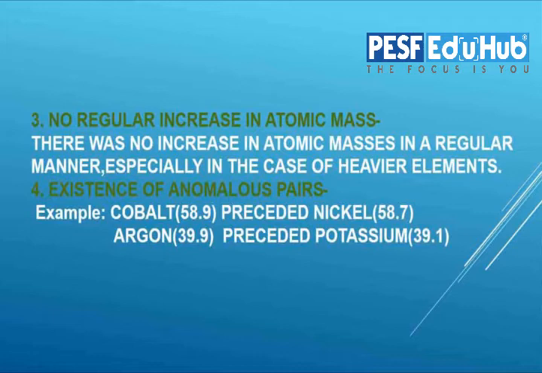For example, the element cobalt with atomic mass 58.9 preceded nickel with atomic mass 58.7. The element argon with atomic mass 39.9 preceded potassium with atomic mass 39.1.